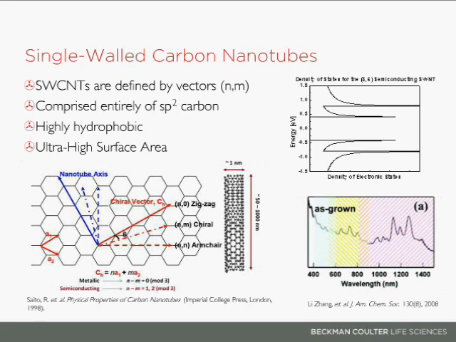One third of the wrapping schemes result in metallic carbon nanotubes that have no fluorescence. Two thirds result in semiconducting carbon nanotubes that have intrinsic near-infrared fluorescence, and each carbon nanotube has a different optical absorption peak. So when synthesized, they look like a black solution, but each individual chirality or wrapping scheme has its own unique color.